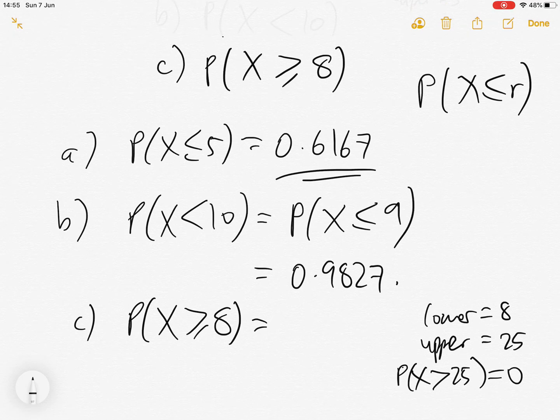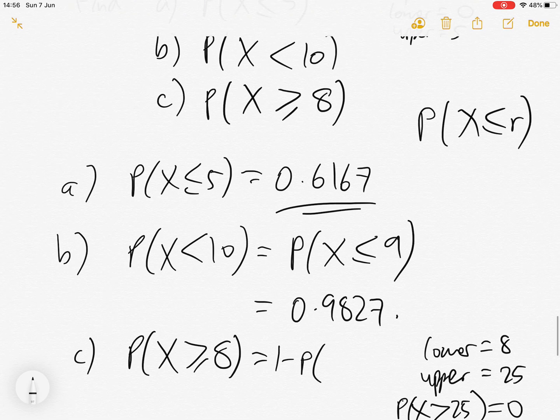Or use the table, but here you have to be careful if you want to use the table, because we need to convert it in terms of something that involves a less than or equal to, because all of the probabilities in the table are like that.